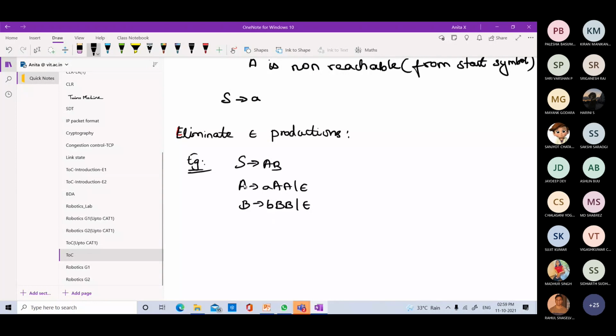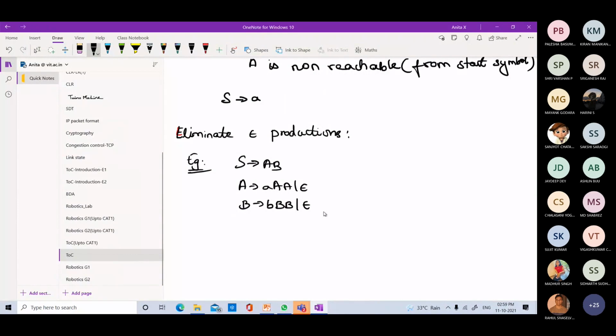So here you can see S derives AB, right? A is nullable, B is nullable. Here S derives AB. So what is the possibility? If A is epsilon, B is epsilon, S is also epsilon, right? So here, yes, A and B are nullable. Okay, all these three are nullable.